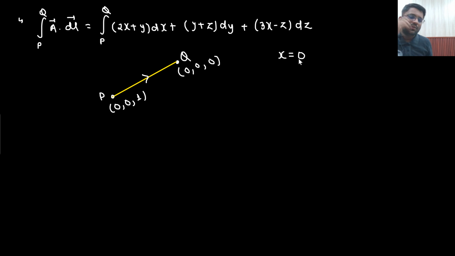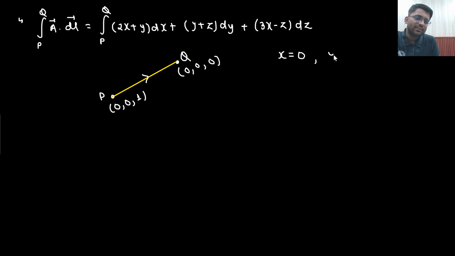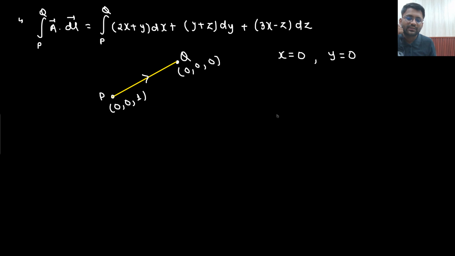Always x is 0. Are you moving in the direction of x? No, I am not even moving in the direction of x. What about your y? Y is also always 0. You are not even moving in the direction of y. You are only moving in the direction of z.